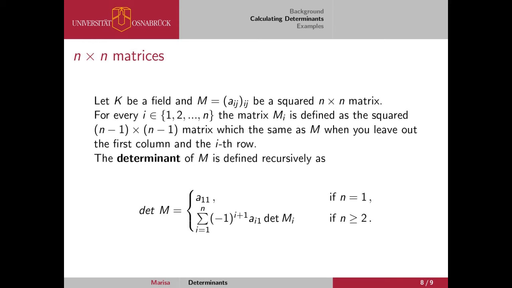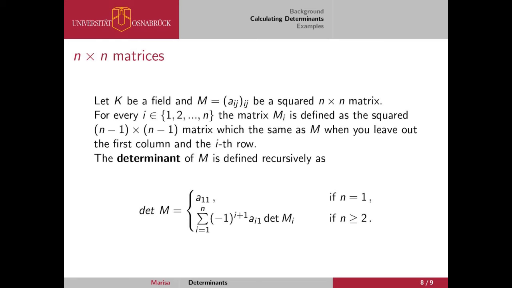And now the determinant of M, of our original matrix, can be defined recursively. If n is 1, then the determinant is simply a_11, the entry at that place. And if not, we do the sum which is written down there.